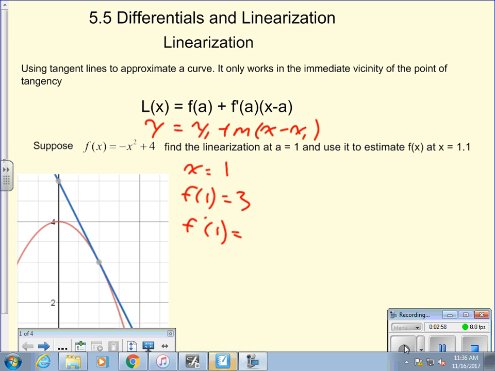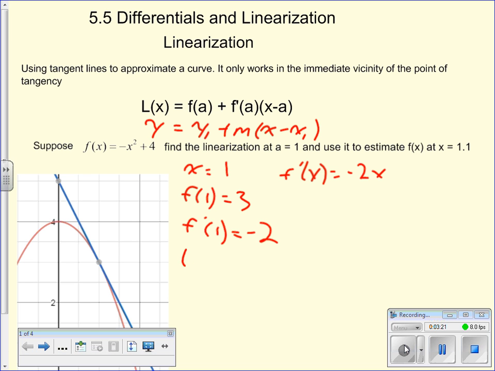Well, to find f prime of 1, I need to know what f prime of x is. I have to take the derivative. f prime of x equals negative 2x. So f prime of 1 is negative 2. Piece of cake. Plug those three things into the formula.